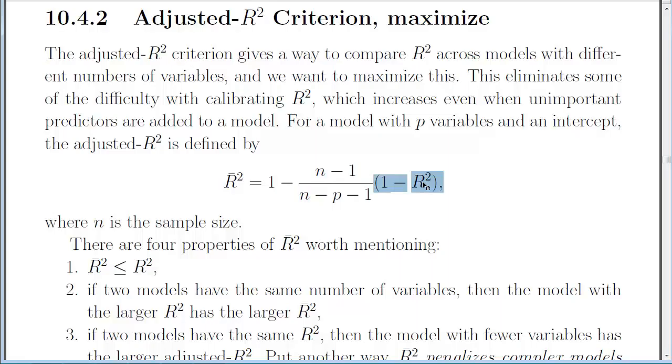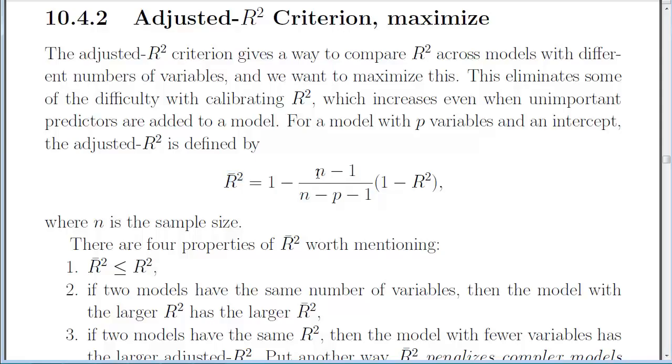And at some point, the additional decrease, the tiny trivial amount of decrease that you get in the 1 minus R-squared, is so small that actually the penalty increases more than the decrease of unexplained variability. And so it's that balance. As long as this decrease grows faster than the penalty, then adjusted R-squared will go up.